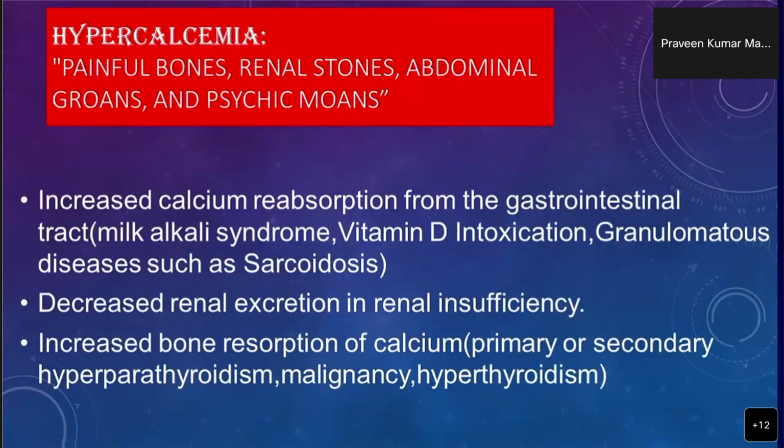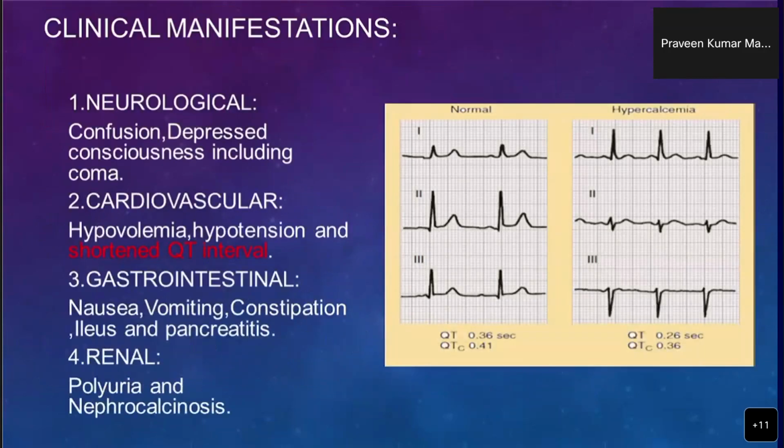The causes include increased calcium reabsorption from the gastrointestinal tract, in conditions like milk alkali syndrome and vitamin D intoxication, granulomatous diseases such as sarcoidosis, decreased renal excretion in renal insufficiency, primary or secondary hyperparathyroidism, and malignancies. And clinical manifestations of hypercalcemia: the neurological ones include confusion, depressed consciousness, including coma.